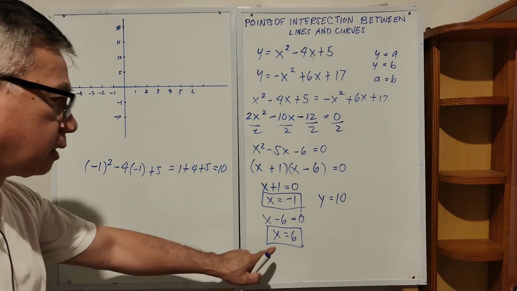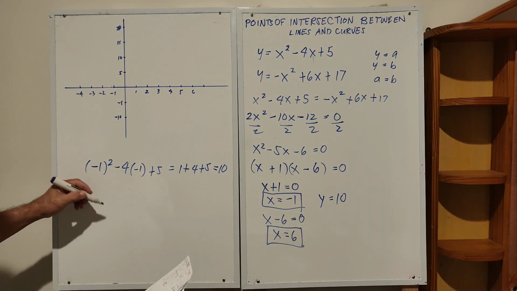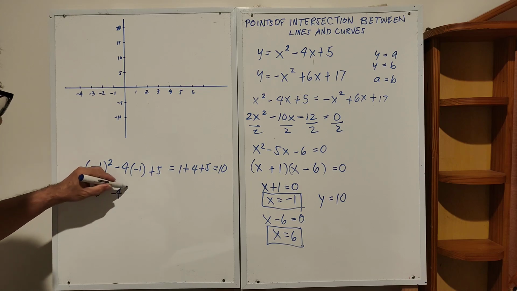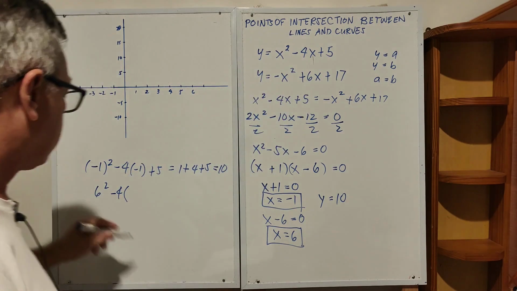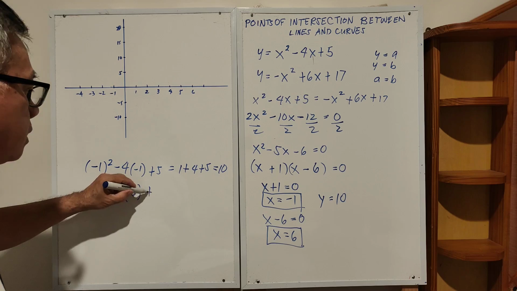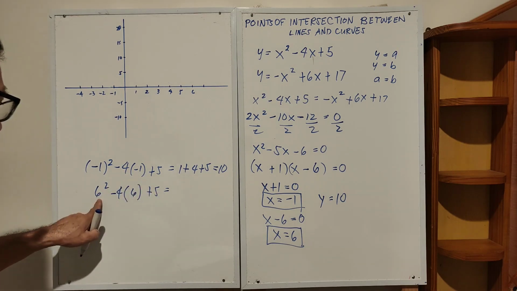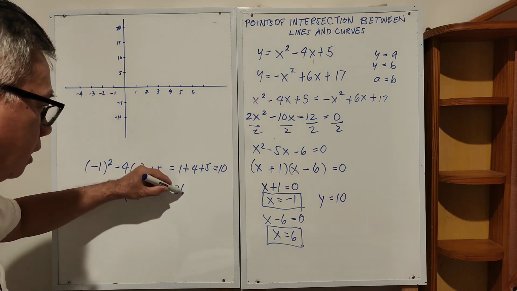If your x is 6, substituting 6, this becomes 6 squared minus 4 times 6 plus 5. 6 times 6 is 36.